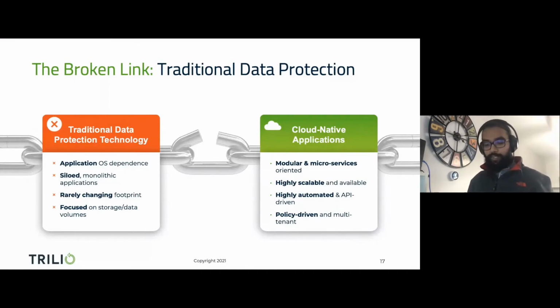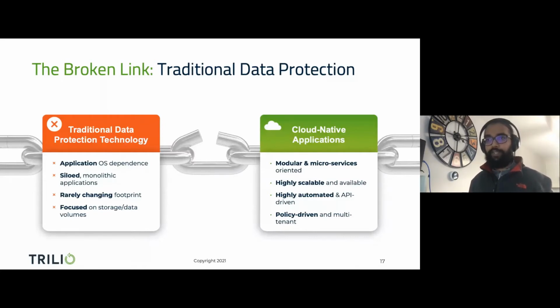So one of the things that we need to be aware of is that with cloud-native applications, the DNA or the architecture of the application has changed, right? We are using newer technologies to build these cloud-native applications, which our legacy solutions do not understand. When we think about legacy data protection solutions, they are highly dependent on the operating system.